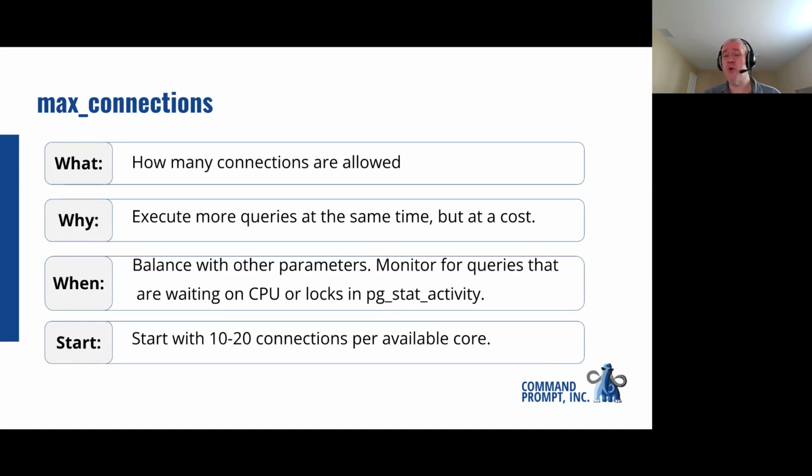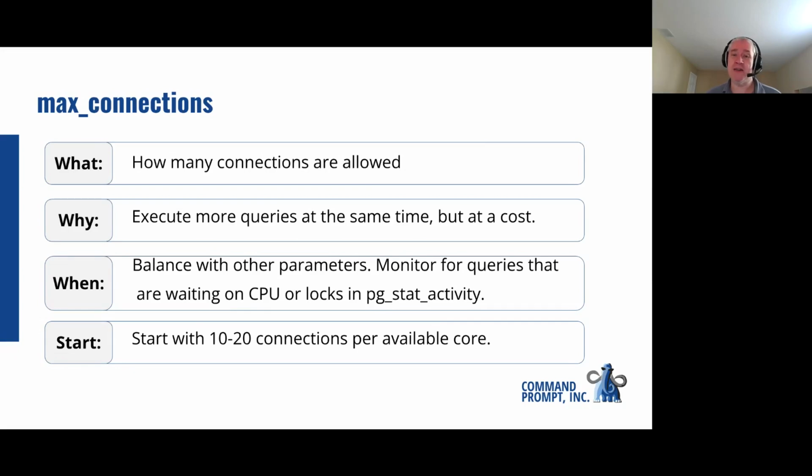Having fewer active queries can actually result in faster connections, in just better throughput, just because a query is able to grab its data, execute it, provide the results, and move on.